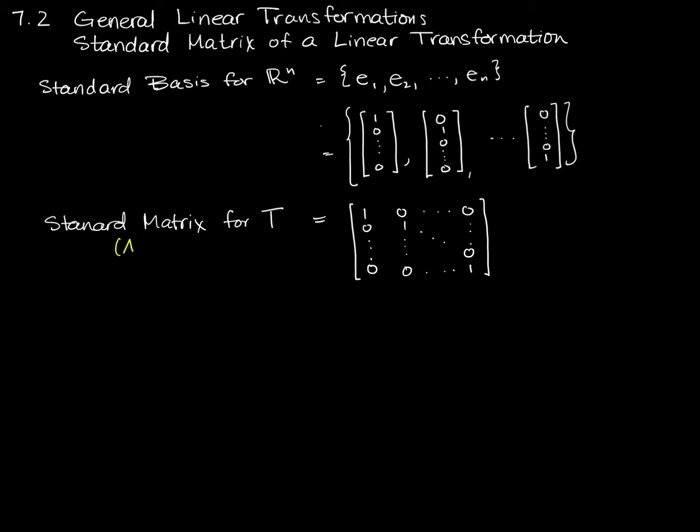Well, that's the way things were in 7.1, but now we're not restricted only to working with vectors in Rn. Our vectors may come from the polynomials, they may come from matrices, or they may come from other spaces, but in fact, we've only dealt with polynomials and matrices in this class, and that's as far as I want to take that.